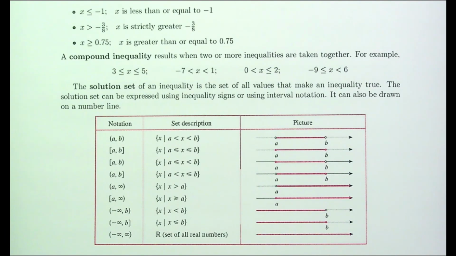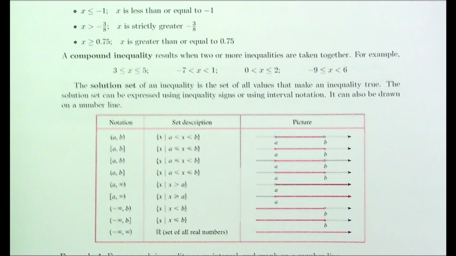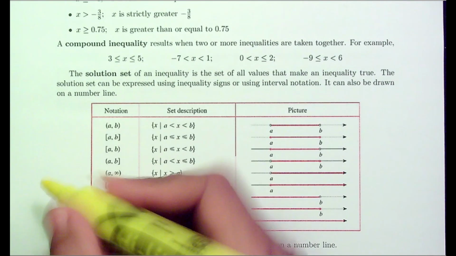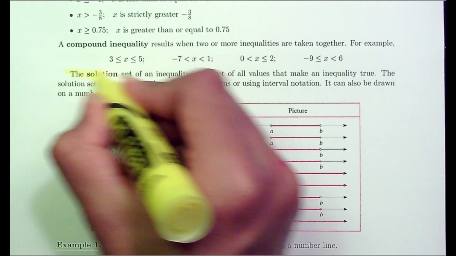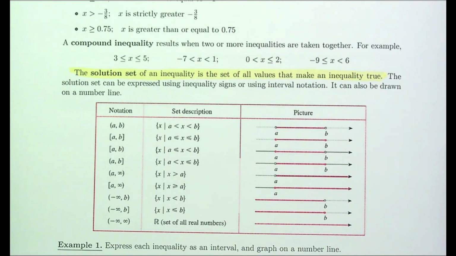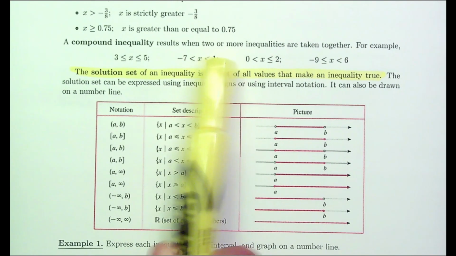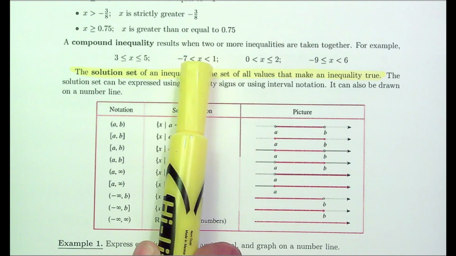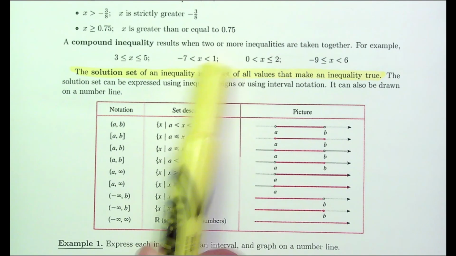The solution set of an inequality is the set of all values that make the inequality true. So this is the set of all values of x for which the inequality is true. In this case, it is all the numbers that are between negative 7 and 1, not including negative 7 or 1.